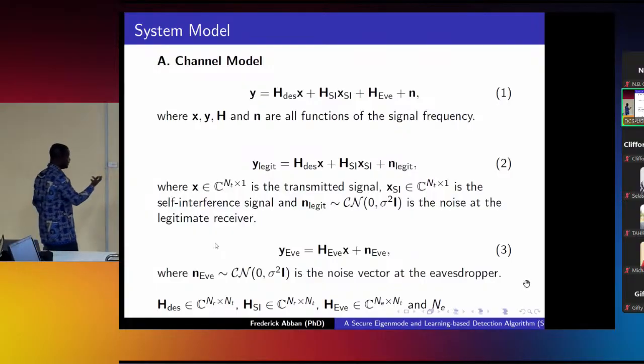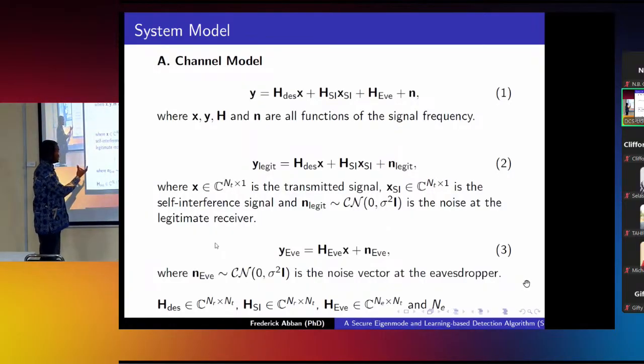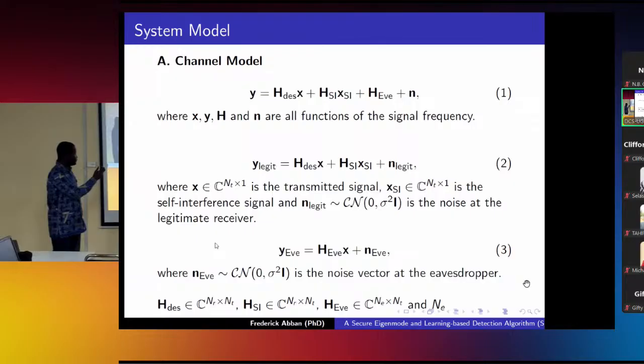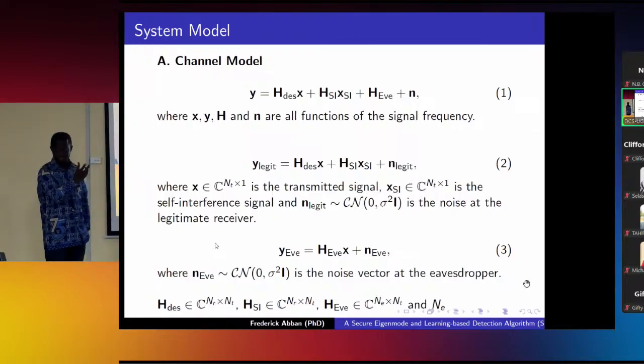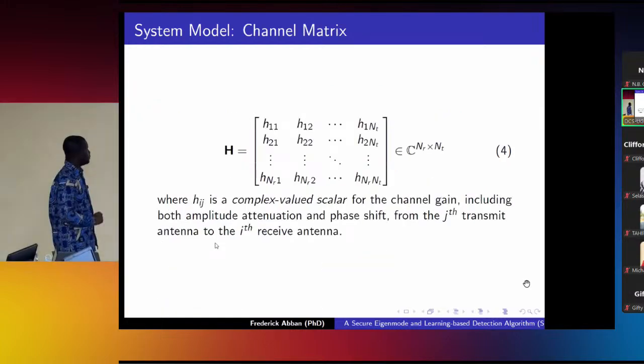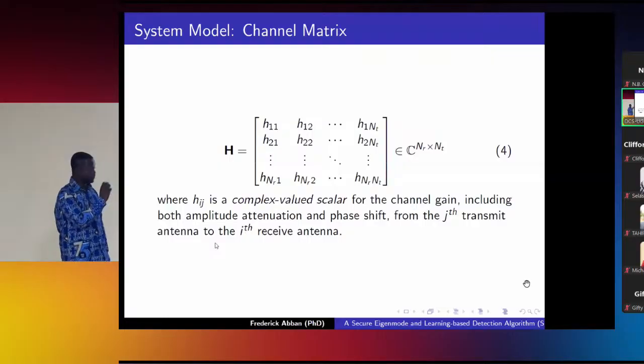Equation 3 here tells us how the eavesdropping signal is. The received eavesdropping signal is the eavesdropping channel plus an eavesdropping noise. And that is equation 3 over there. Now, this is how a typical signal looks in matrix form.